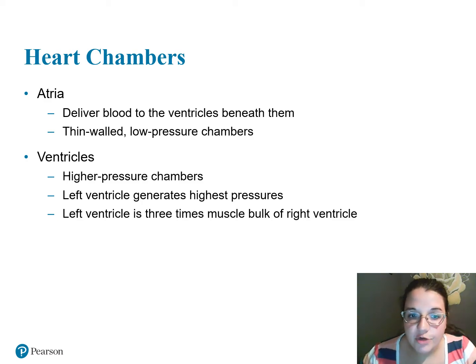The pressure opens up the doors. The doors are also known as your valves. And they are thin-walled and low-pressure chambers. Your ventricles are high-pressure chambers. The left ventricle generates the highest pressure because it's going out to the body. And the left ventricle is 3 times muscle bulk of the right ventricle.